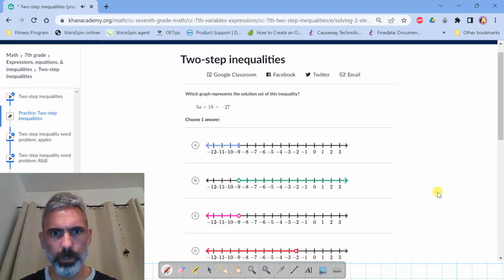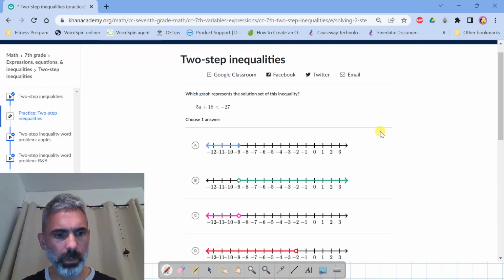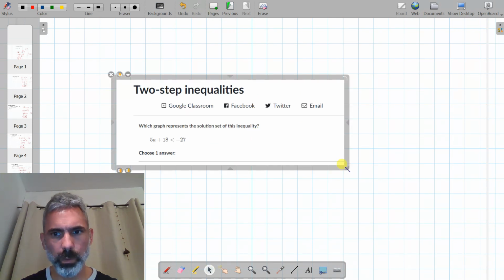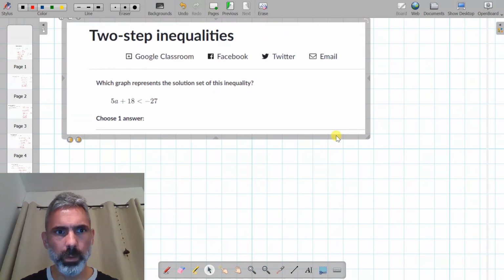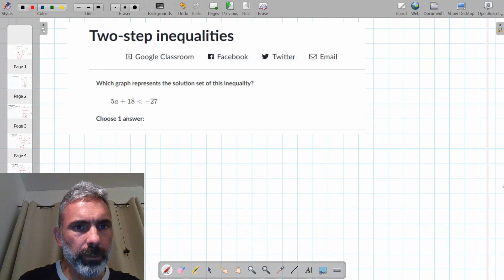Good. Next question. Which graph represents the solution set of this inequality?